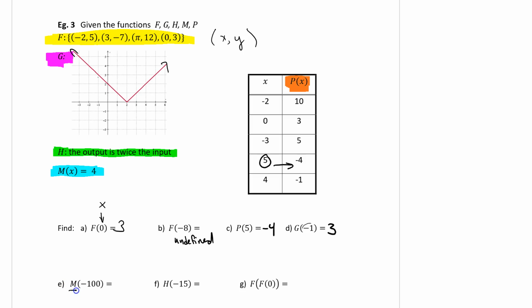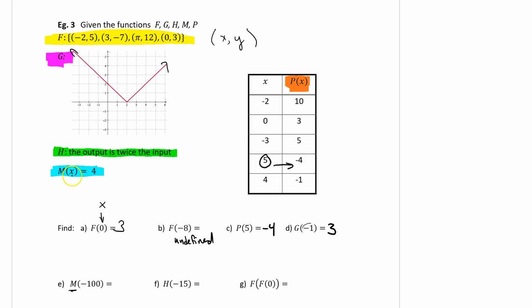Now we're dealing with m. So m here says m at x equals 4. So m at 2 is 4, because there's no x to substitute in here. m at -5 is 4. m at cat, meow, is 4.